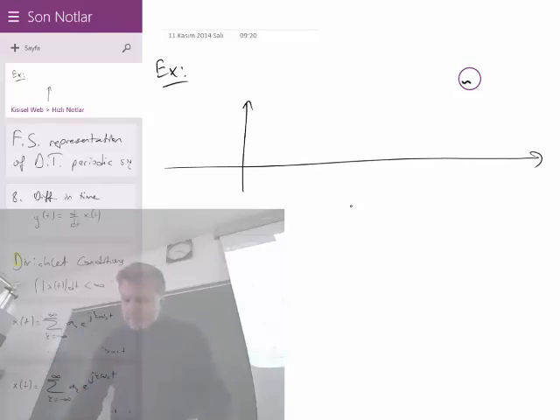So we have a rectangular box here, like this. The others are zeros. I'm only drawing the non-zero ones, and it starts from minus N1 up to N1.